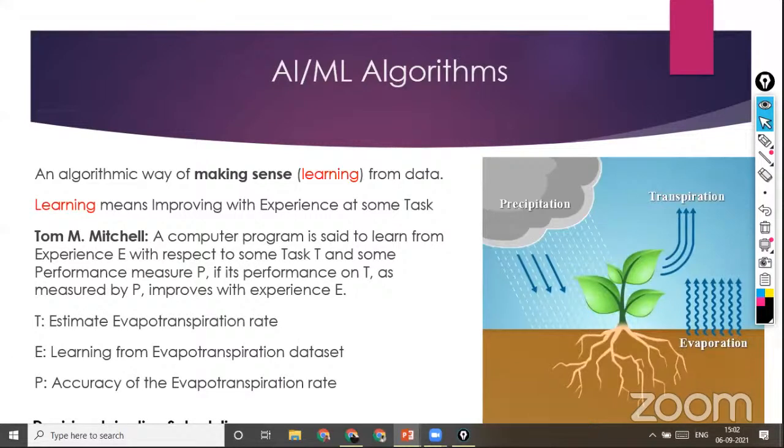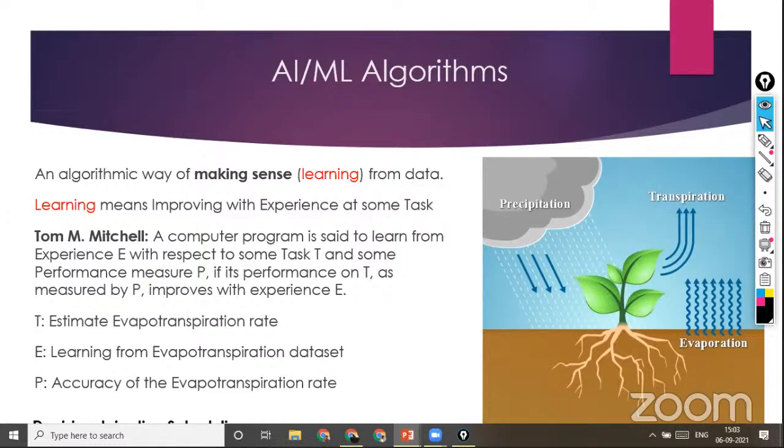So when you have more and more data fed to the learning process, you can improve your performance. So we use a metric to measure the performance. It can be an accuracy metric, or some kind of measure of a rate, maybe the evaporation rate, and you can use other metrics like root mean square and so on.